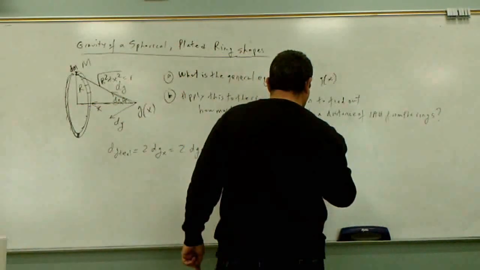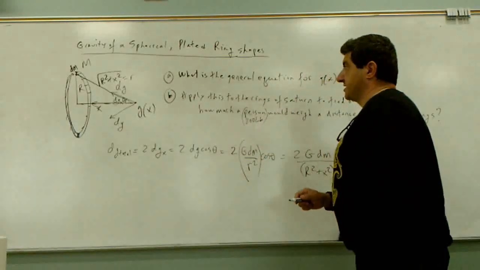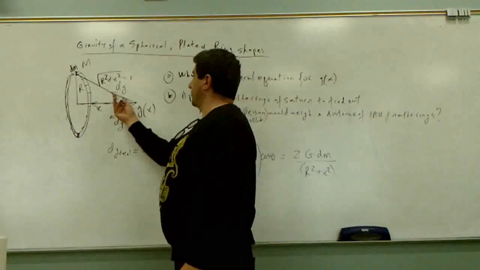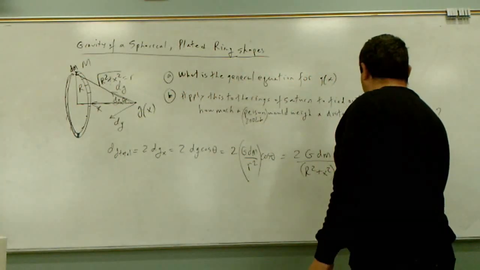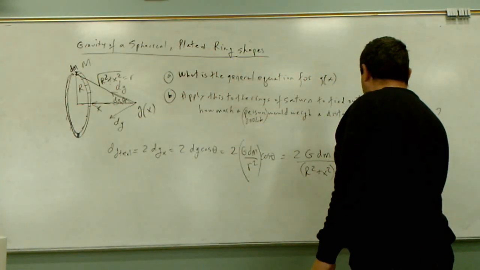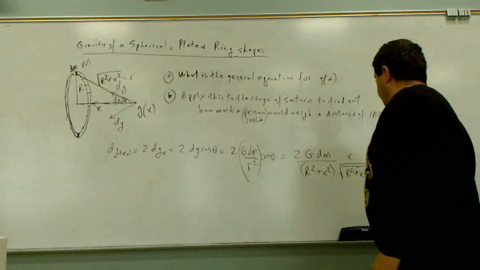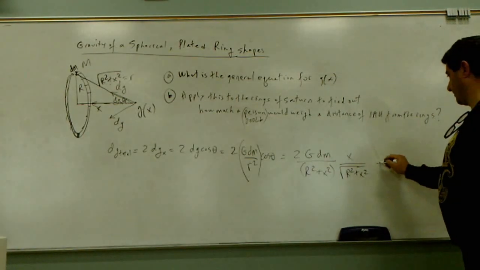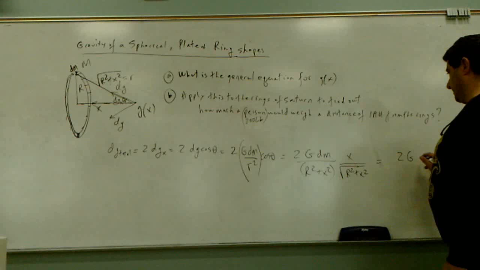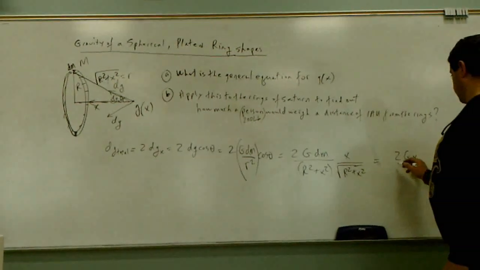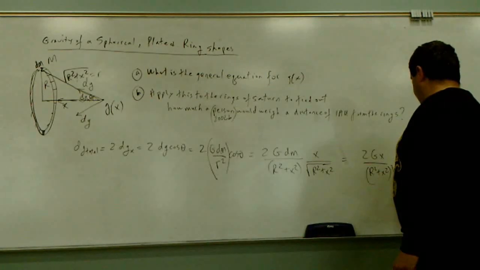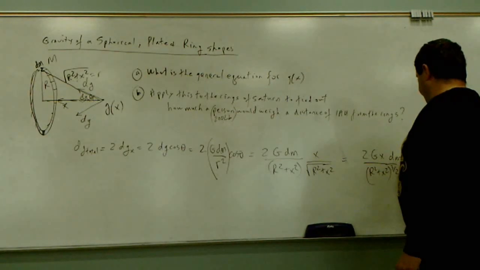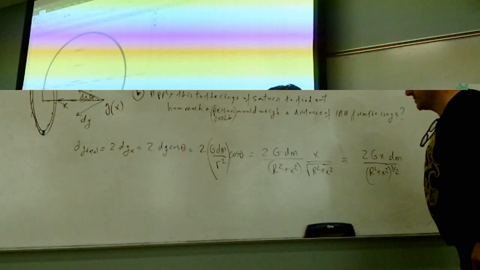So r squared is just going to be r squared plus x squared. Then cosine theta is going to be what? Cosine theta is going to be x over square root of that. So x over square root of r squared plus x squared. So then it's going to be 2gx over r squared plus x squared to the 3/2 power dm.